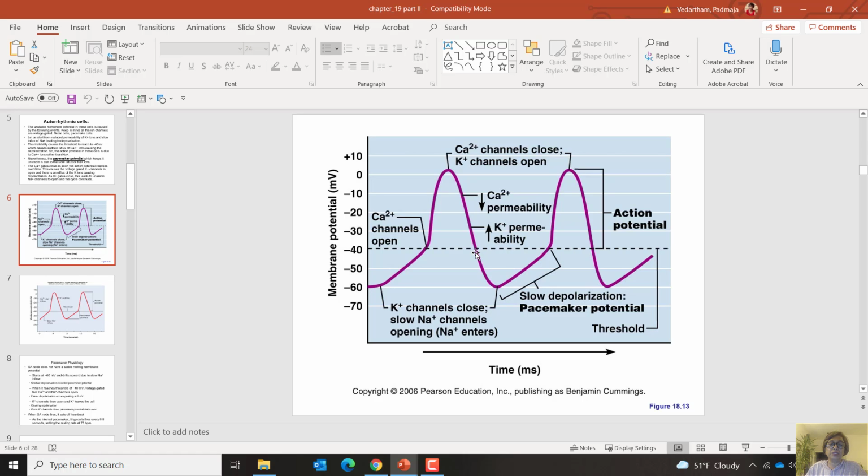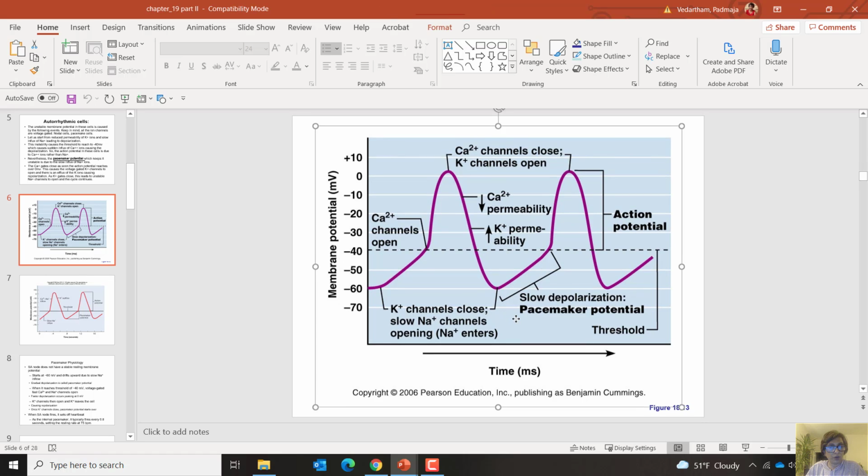If this were to remain open for a longer time, like if potassium, instead of stopping at minus 60, stopped at minus 80, for example, if it stayed longer, then it is going to make it a little slower. And that happens when you have vagal tone or parasympathetic tone.